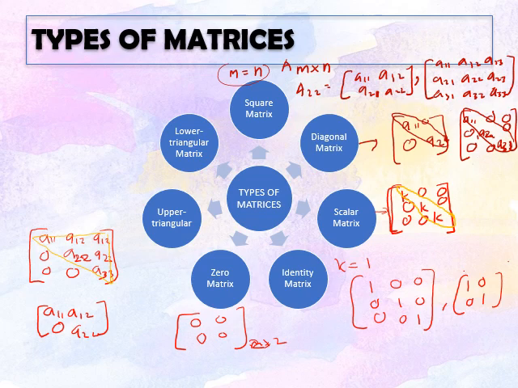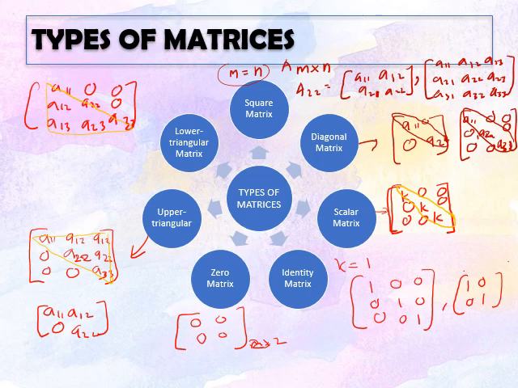If it's lower triangular, can you guess it? It will be like this: A11, A22, A33, and here will be 0, because it's lower triangular. The triangle is below the diagonal. You can see here it's like a triangle.